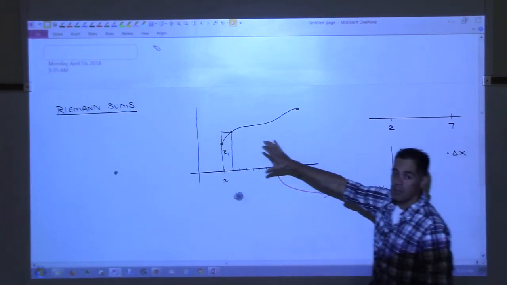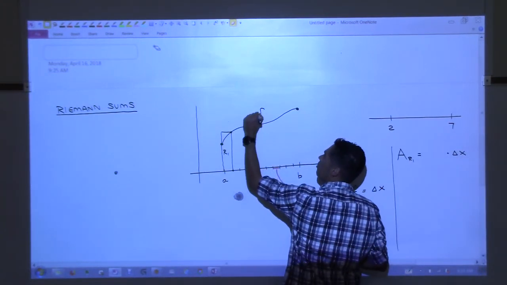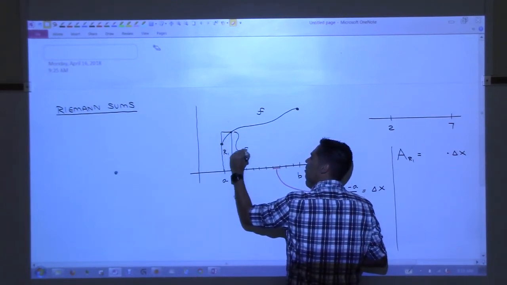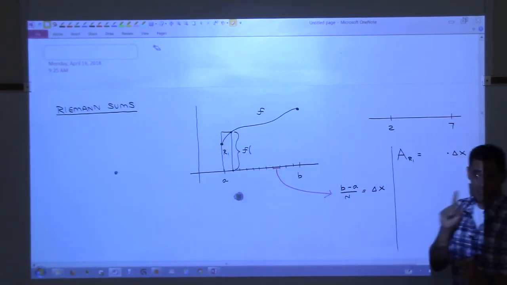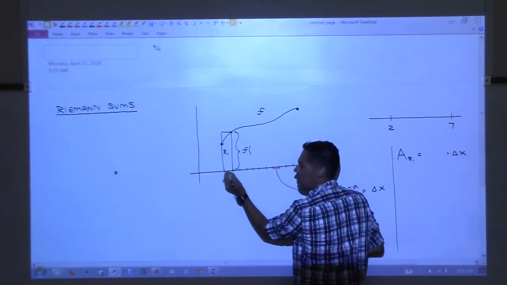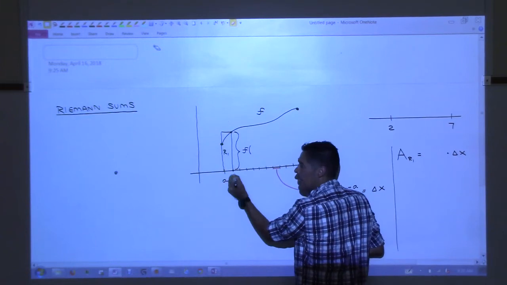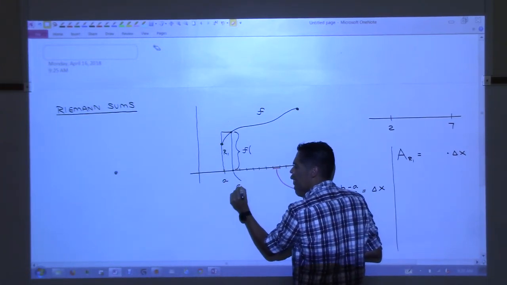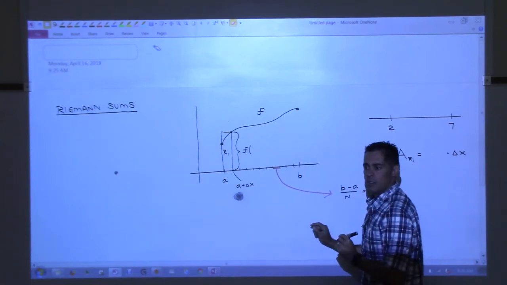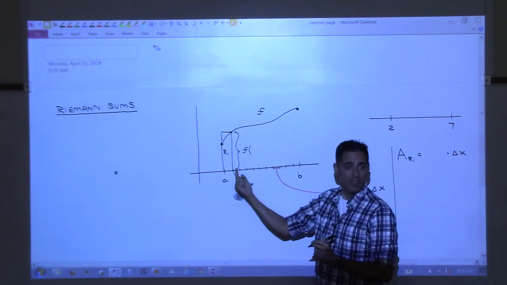But how tall is it? This is the function f, so it's the function's value. Where though? It's not happening at a, it's actually happening at a plus delta x. Do you agree? It's a, but then I added one jump to it.